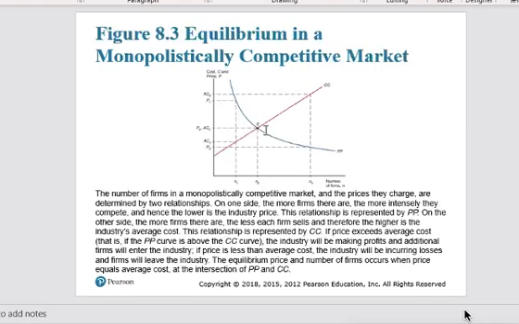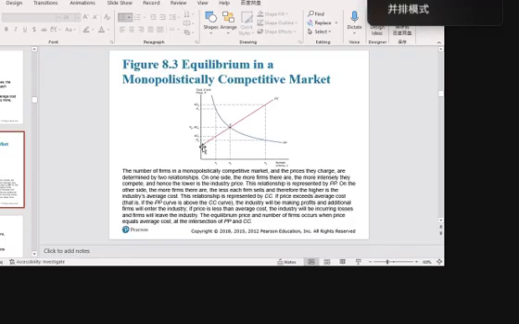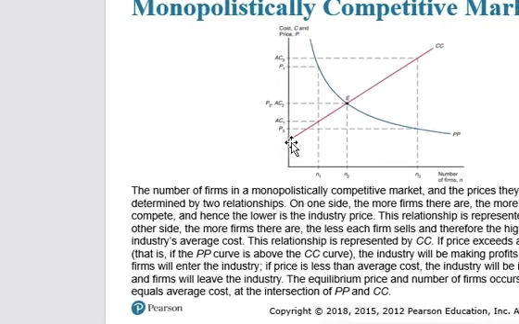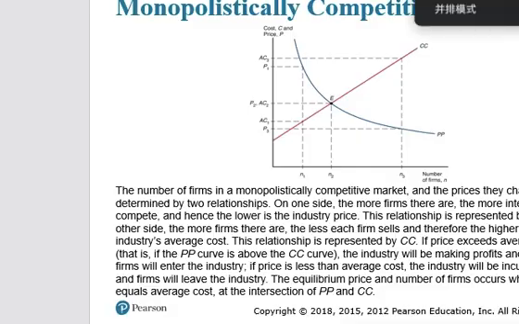How are you going to show that? So this is the determinant, how we determine the number of firms that will exist in the market. And let's take a look at this graph. Let me try to make it a bit larger.